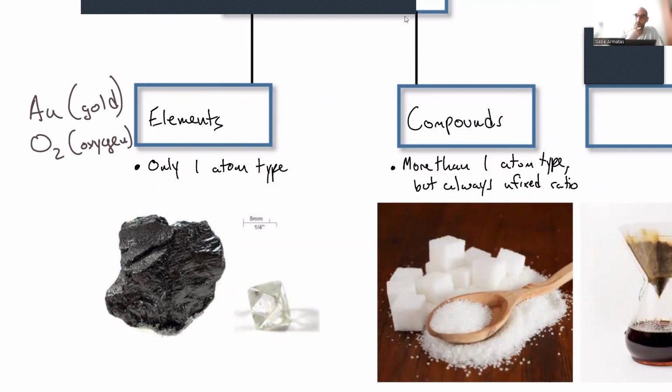There is one on Brightspace that you are going to use for the final and every other test as well. Oxygen is on there, and it comes as O2. Sulfur comes as S8. That's still just sulfur, so we're going to count that as an element as well, because the only thing present is sulfur.